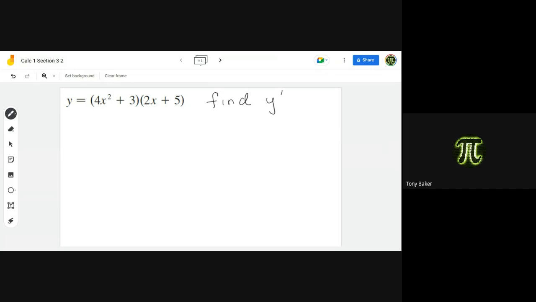All right. And while we're waiting for the last few people to come in, find me the derivative. $16x squared plus 40x plus 6.